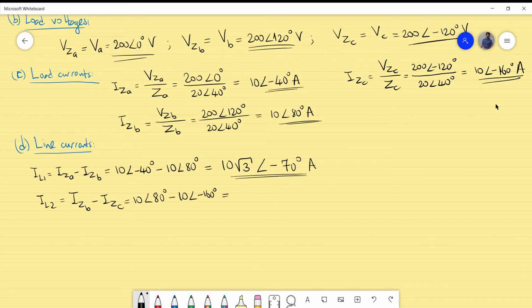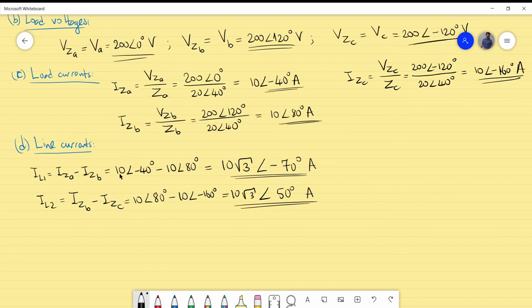Again, if you do the math, going from the polar representation to the rectangular representation and then simplify and then again transform back to the polar expression, you will get the following: 10 times square root of 3, again the same amplitude, and the phase will be 50 degrees. So what you observe is the following. So we see some pattern.